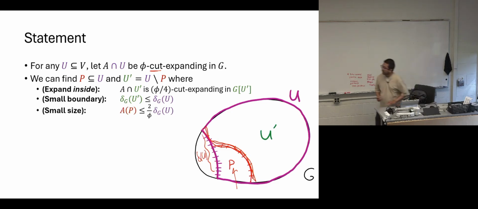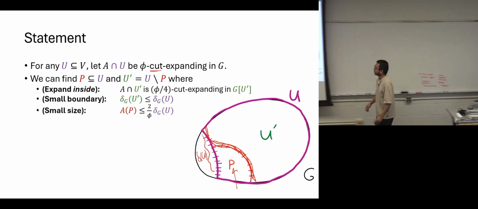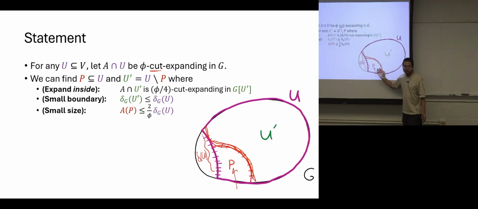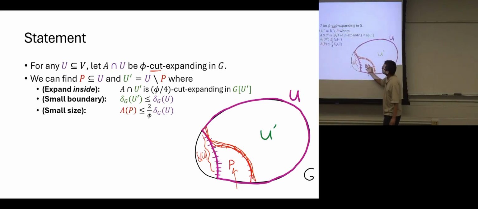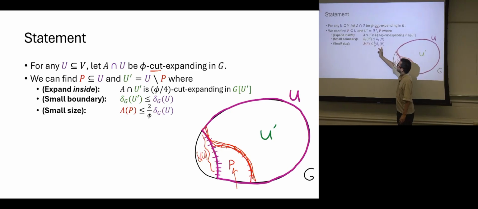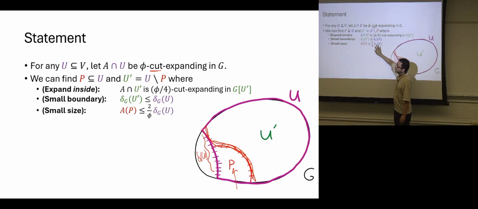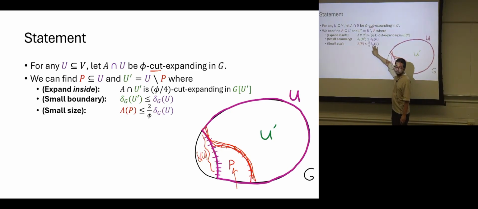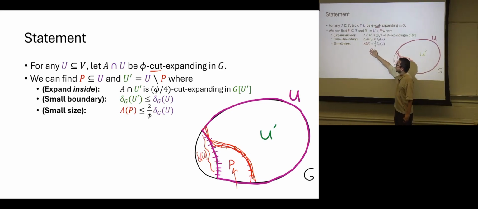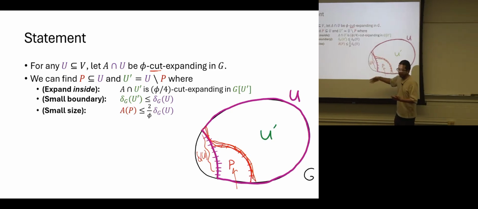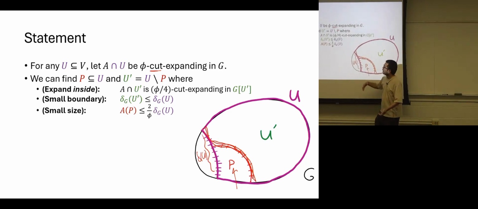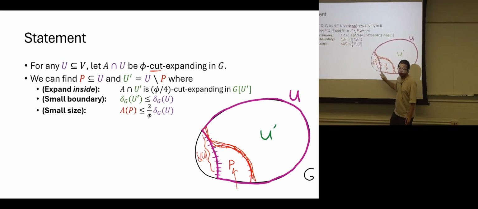Also, the thing that you pruned is going to be quite small, not too big. How small? It depends on how big the boundary was. So think of this as the boundary of U, and how much you prune out should not be too big compared to the boundary.